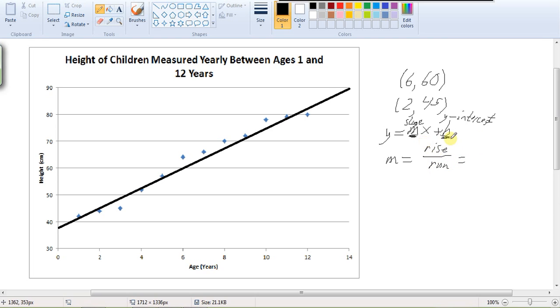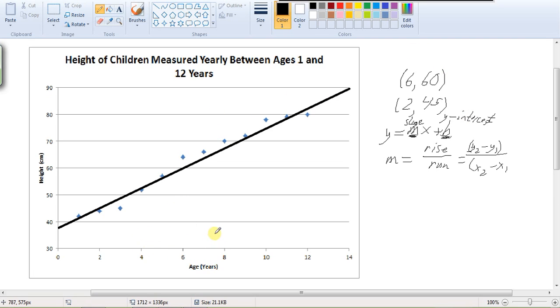The rise is how much the graph goes up, the y-coordinates, and run is how much the graph goes over horizontally, the x-coordinates. So slope will be y2 minus y1 over x2 minus x1.